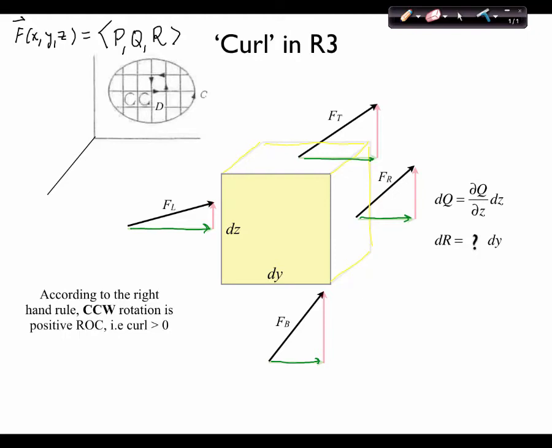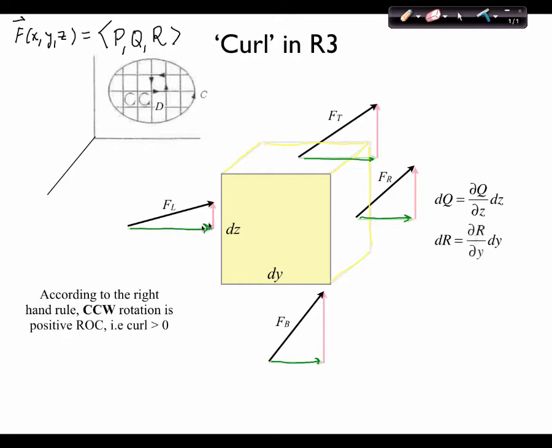And then for a change in Y, which components are going to contribute to rotation due to a change in Y, or horizontally? What's that?